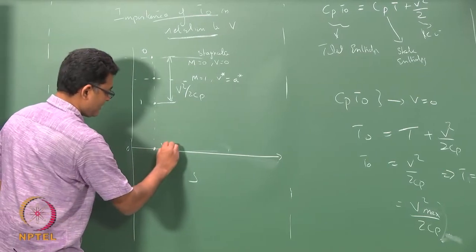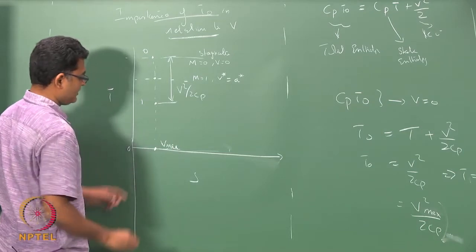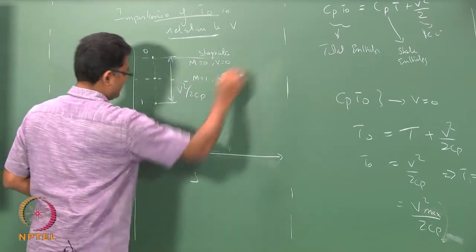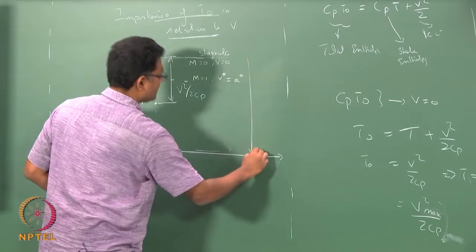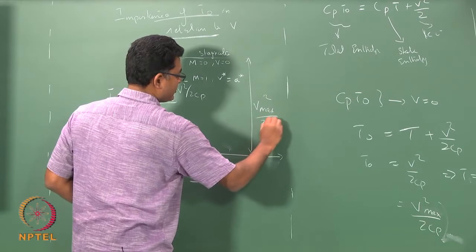This is my Vmax, maximum velocity that can be achieved. So, this distance would be Vmax square by 2 Cp.